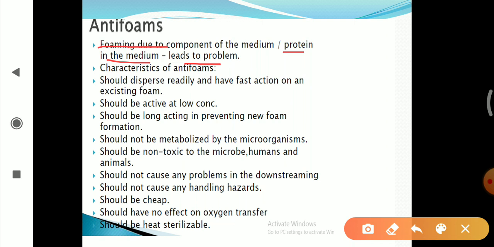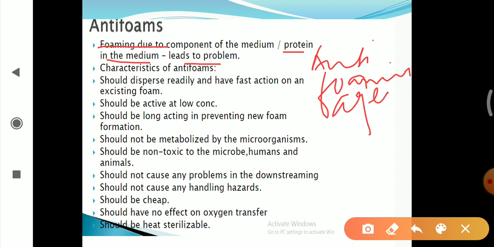We can also use the best approach, the antifoaming agent, against the foam. There are also foam breakers and antifoaming agents. These are the standard approaches to overcome the foaming problem.